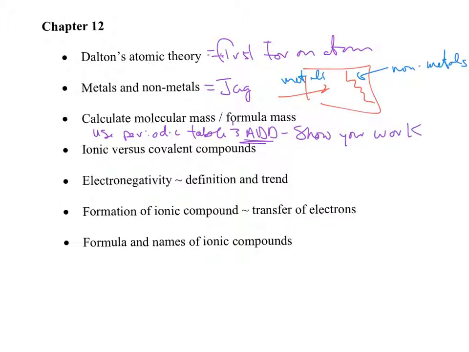I think it's going to be worth 3 points, and if you just use your calculator and get the right answer, then probably I'll take off 1 or 3 points. And you want that third point. Show your work, and units. Do you remember what units you would use for how much a molecule weighs? Not grams, not pounds. AMUs, exactly. Units are going to be in AMUs. And the symbol for AMU is just a U. But if you put AMU, that would be fine too.